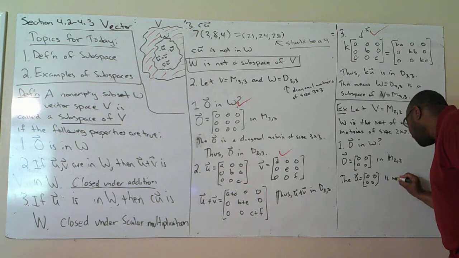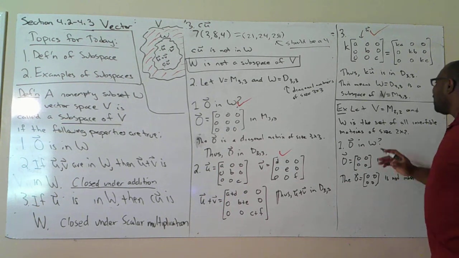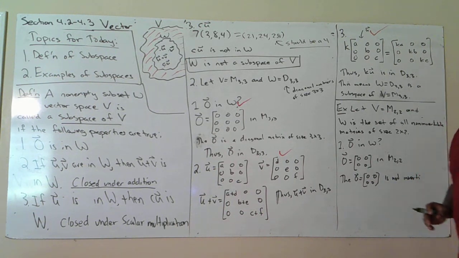So I have to say that the zero vector is not invertible. All right, let's make this one a little bit more interesting. Let's say W is the set of all non-invertible matrices. That way it makes it a little bit more fun. Non-invertible means that the determinant is equal to 0. You can't flip it.